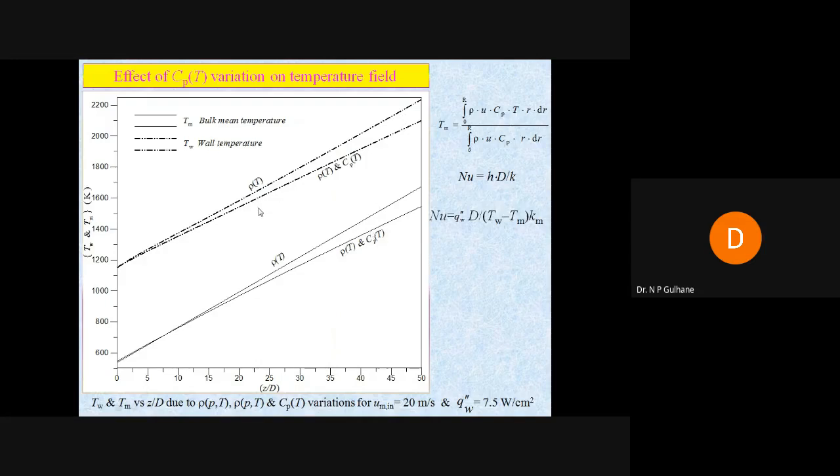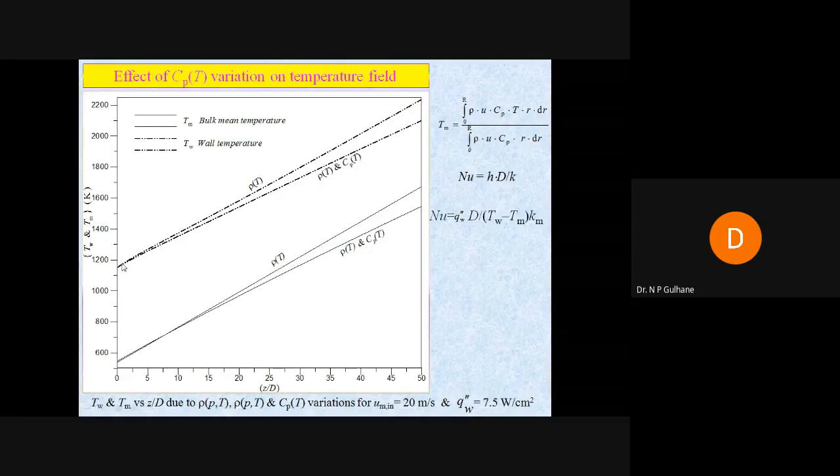Second observation, the wall temperature is always higher than the bulk mean temperature because the wall is directly getting heated from the outer heat. In radar or in all types of space applications, that entire assembly gets overheated by the external heat flux, and that heat flux you want to carry out. So the wall is subjected directly, that is why the wall gets heated first, and therefore T_W is higher. So this is the second observation.